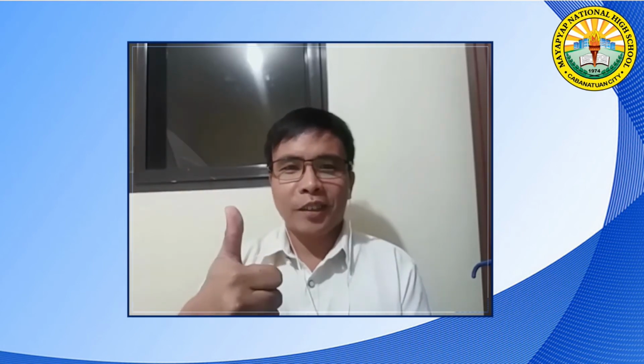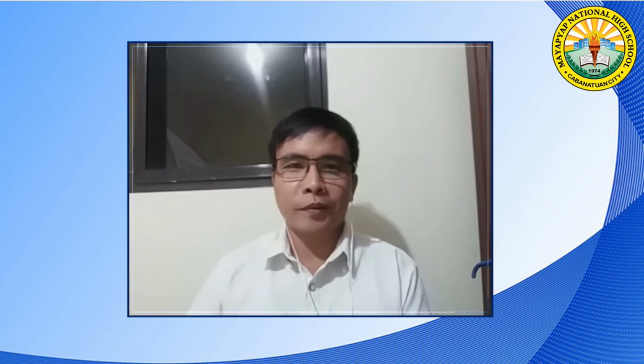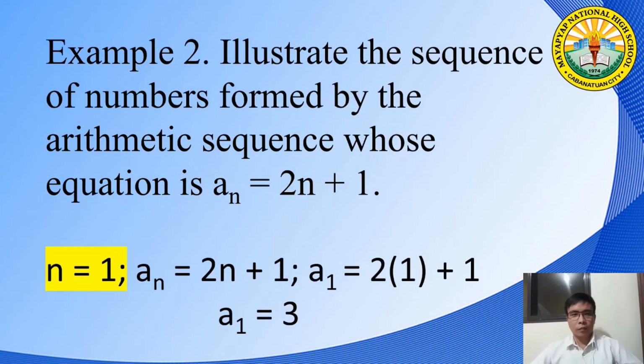I got it! There are two related approaches that we can use to solve the problem. First is by determining the first term a sub 1 and the common difference d. The first term will be solved if the variable n will be changed by 1.